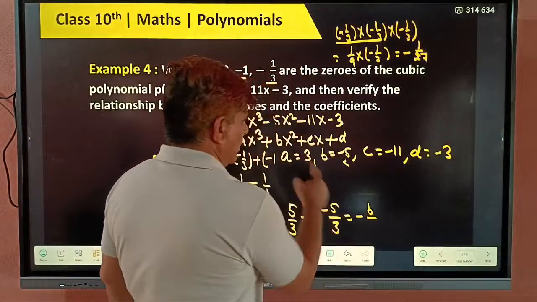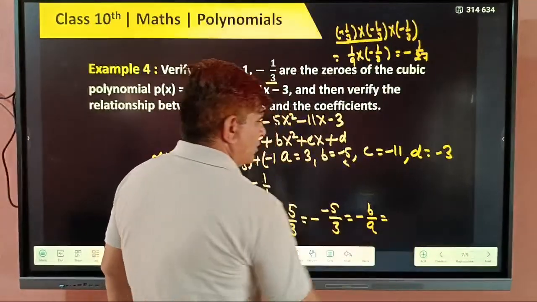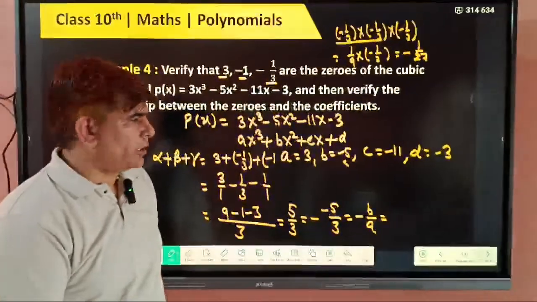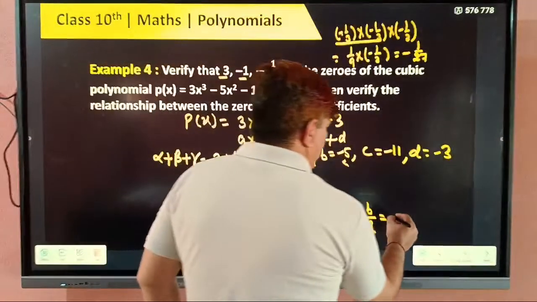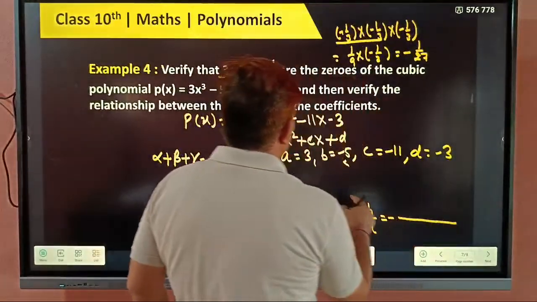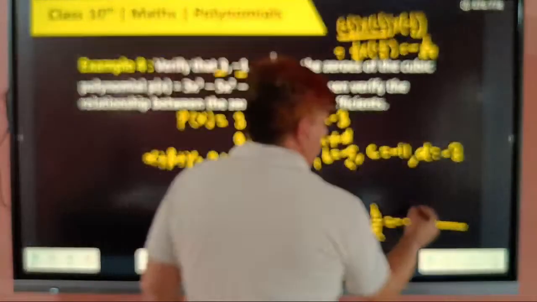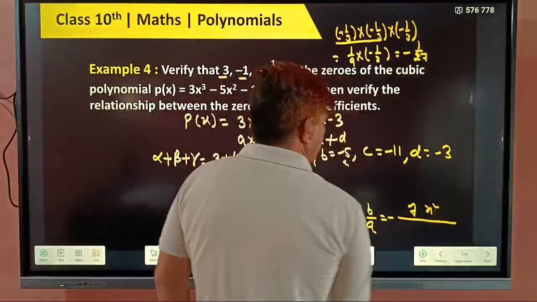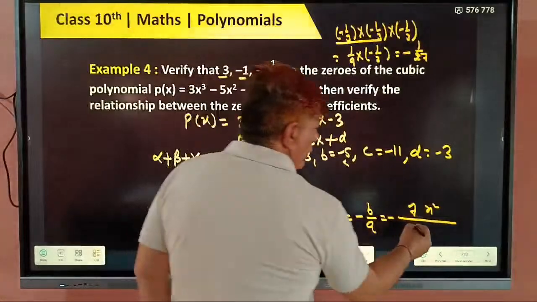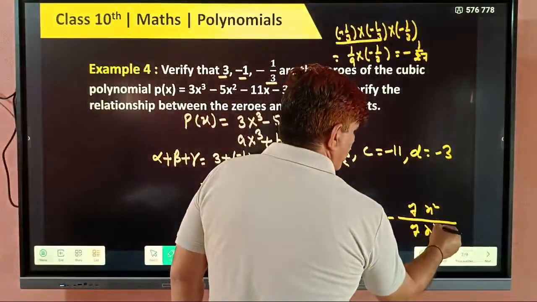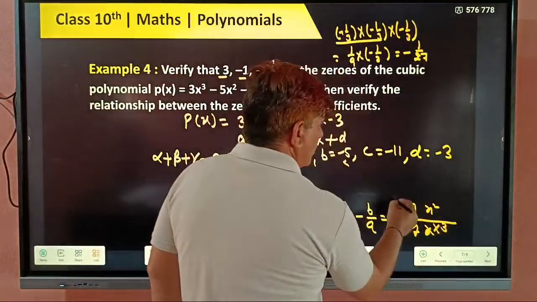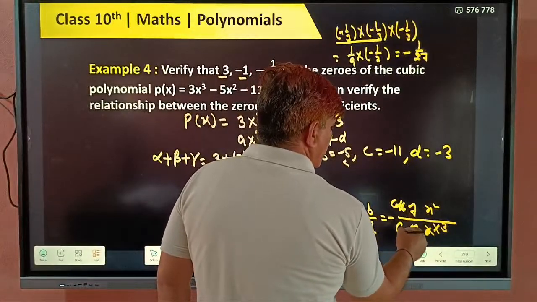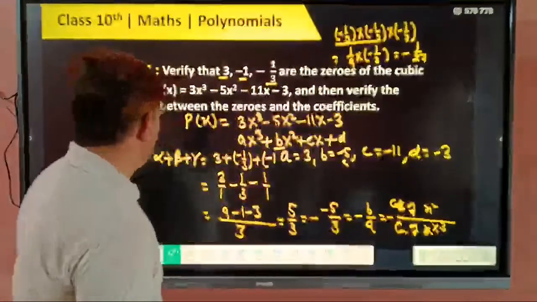What's your 3? a is equal to this. Got it? Then what can you say? Minus, whose coefficient is b? This, of x square. Whose coefficient is a? Of x cube.